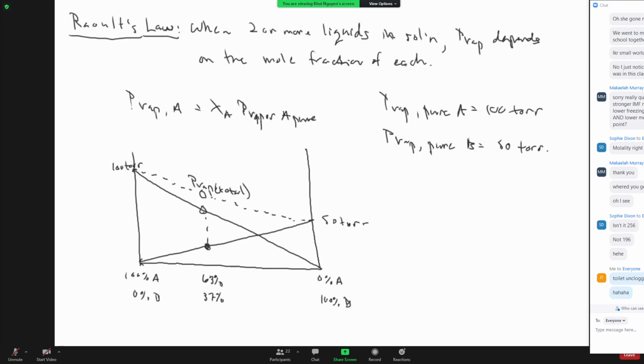And then you can add those two vapor pressures up using this equation to find the total vapor pressure. Does that make sense? That was an example. I just didn't put numbers to it. Sorry.